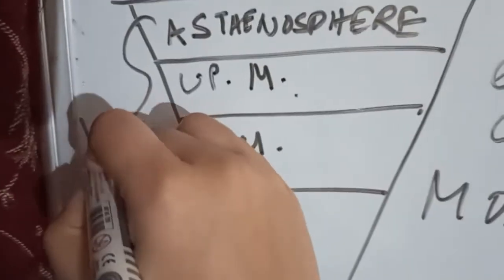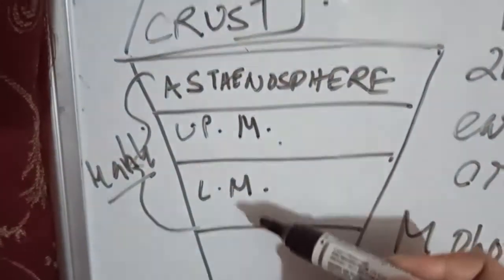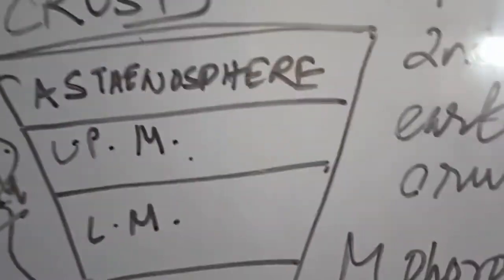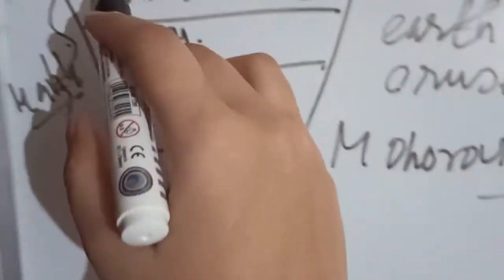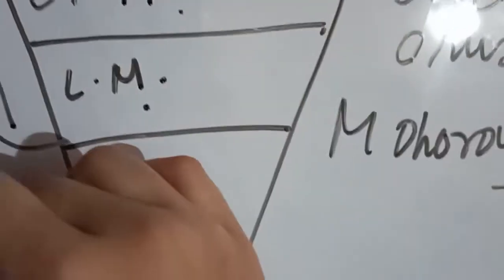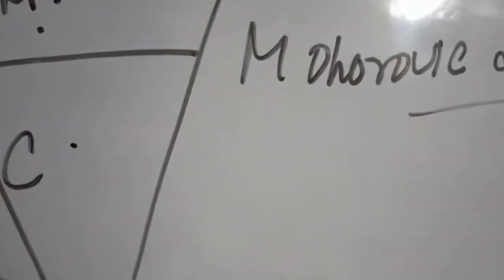Now I'm going to go into details about the layers of the mantle. The mantle is a layer lying between the crust and the core. The average thickness of this layer is about 2900 kilometers, and it constitutes about 84% of the total volume of the earth.